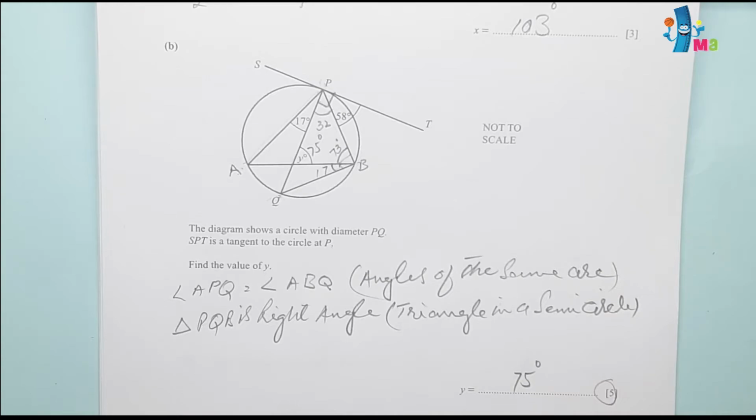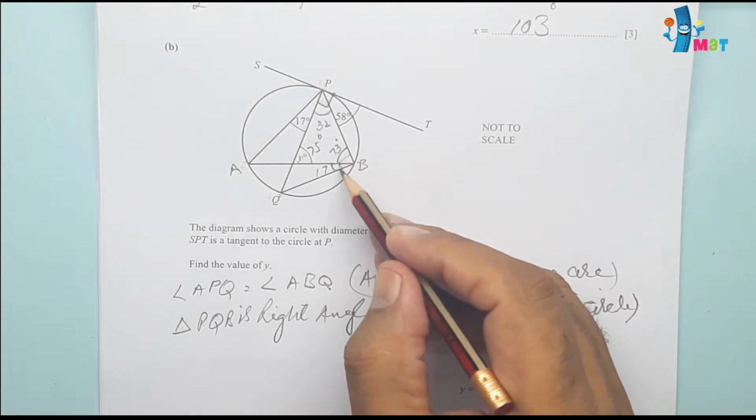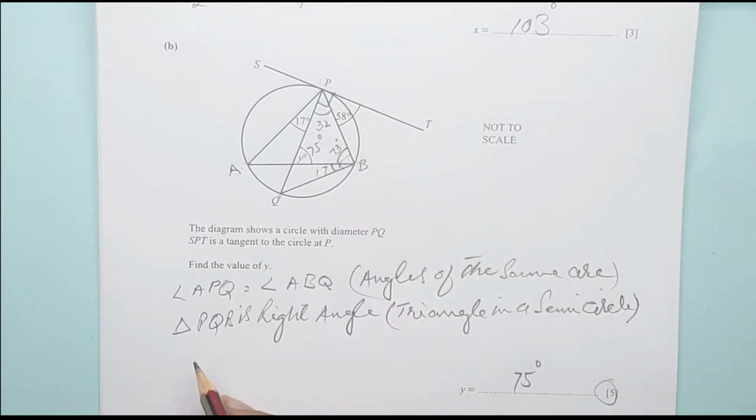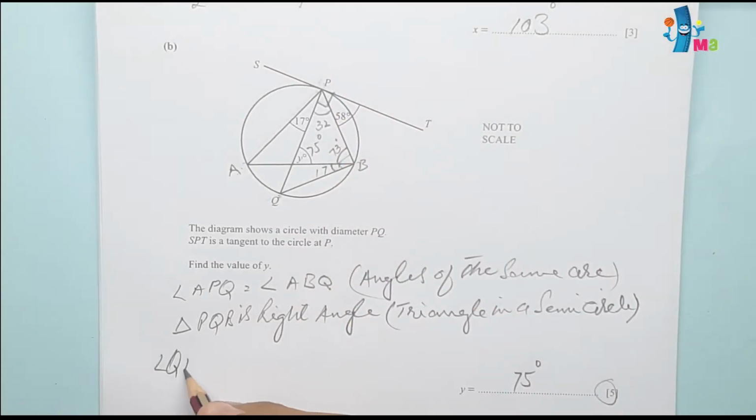So triangle in a semicircle is always a right angled triangle, and this will be 90 degrees, and this one is 32, so we can write that angle QPB is equal to 32.